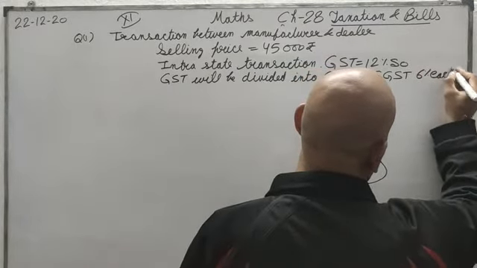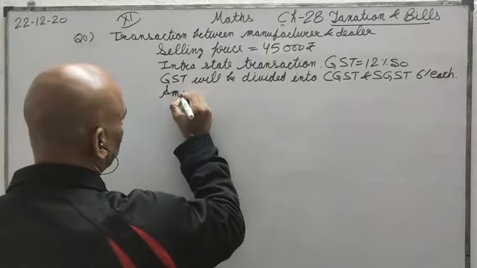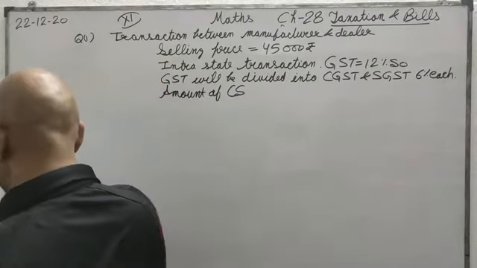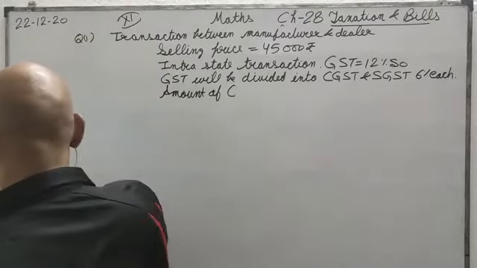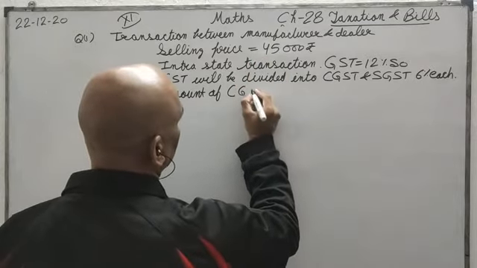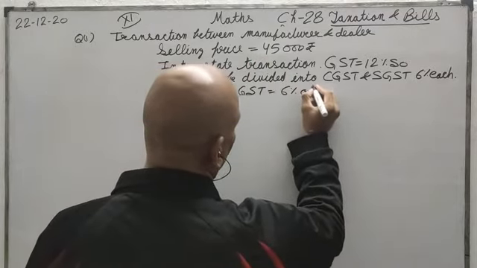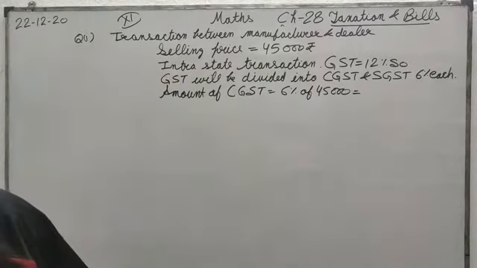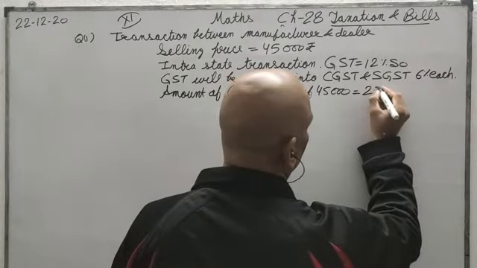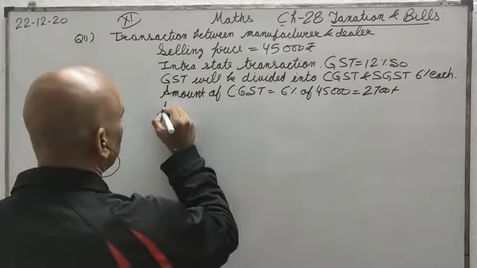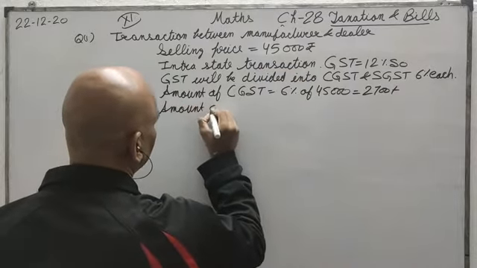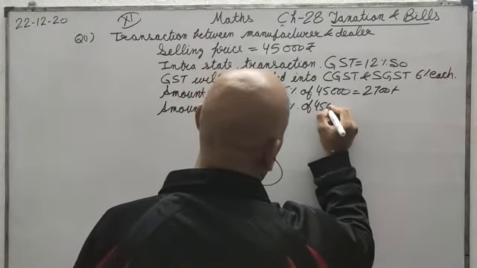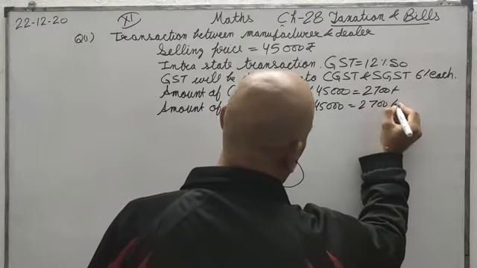6% each. So the amount of CGST is to be calculated on 45,000. 6% of 45,000 is equal to 2,700. Amount of SGST is also 6% of 45,000, that is 2,700.